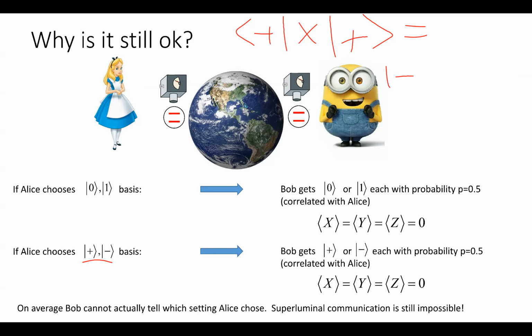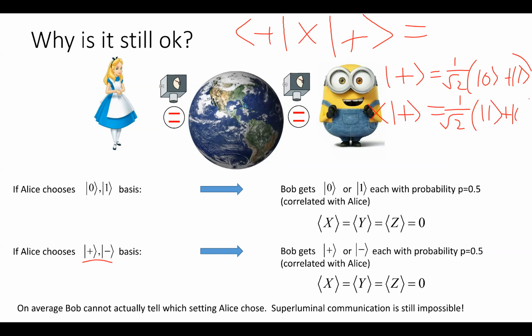So plus state, remember, is defined as 0 plus 1. Okay. And then x acting on plus. So what that does, x, remember, is something that flips the spin. So it changes 0 to 1 and 1 to 0. So this one becomes 1, this will be the 0 state.